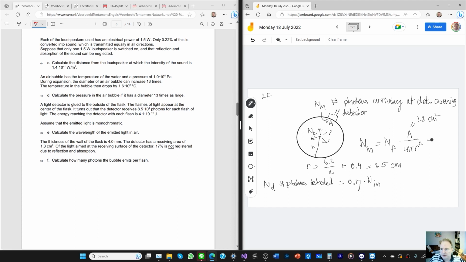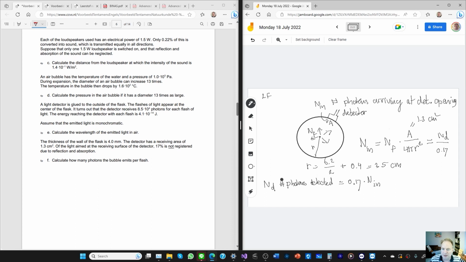Let me first then say that n in is equal to nd divided by 0.17. nd is known, r is known, a is known, but the unknown is nf here.